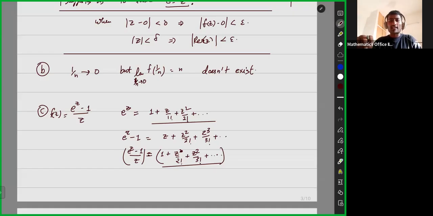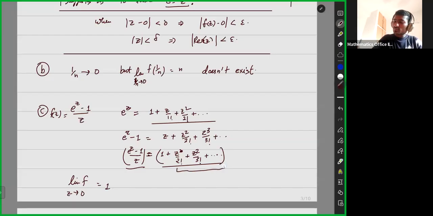At 0, if you want to check the limit of the left side function, you can check the function on the right side. Put the value 0, and it becomes that the limit of f as z tends to 0 is equal to 1, because this part is becoming 0. Only 1 remains.